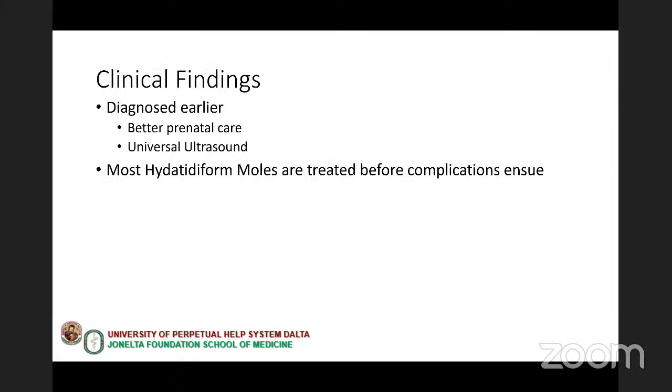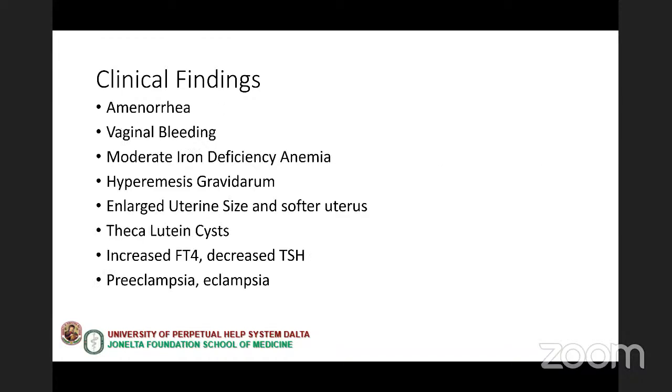Now, with better prenatal care and universality of ultrasound, diagnosis is often earlier. So most HMOs are treated before complications ensue. And these are the clinical findings. Most common would be amenorrhea, then vaginal bleeding.